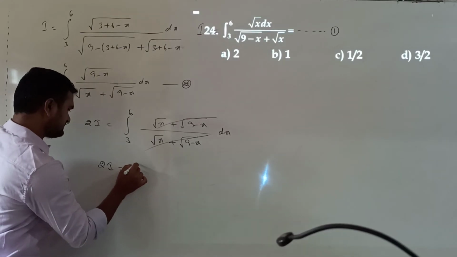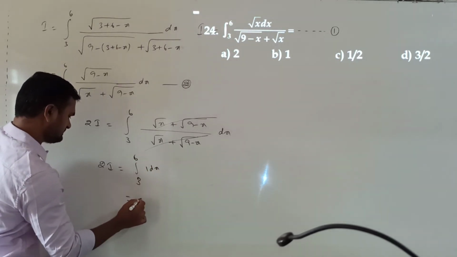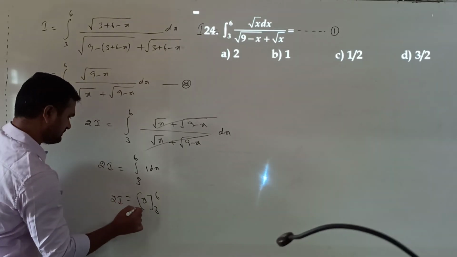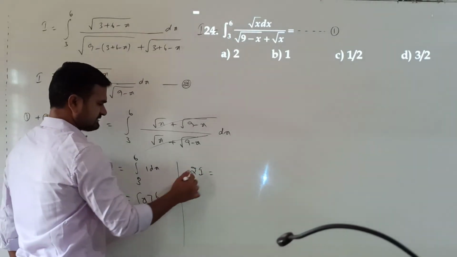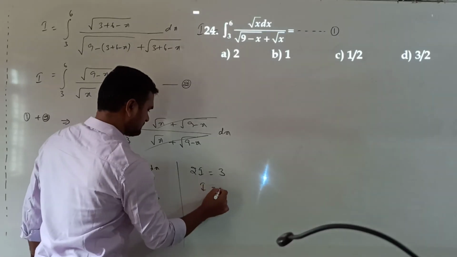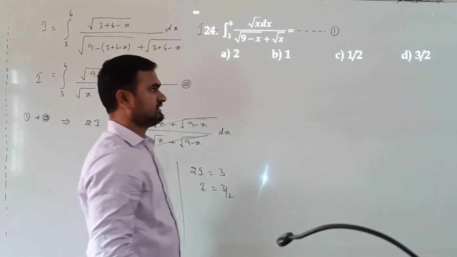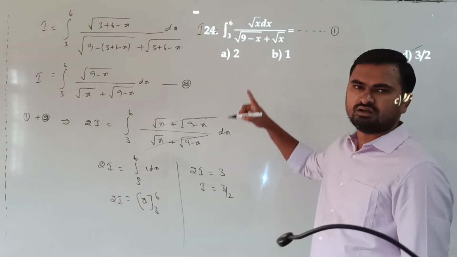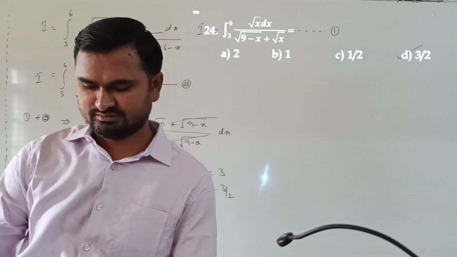So 2I is integral from 3 to 6 of 1 dx, x from 3 to 6. So 2I is 6 minus 3, which is 3. So I will be 3 by 2. Just apply the definite integral property, integral from a to b, and before applying and after applying, add these two integrals.